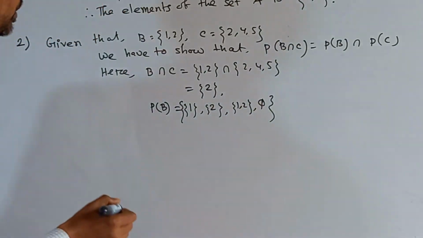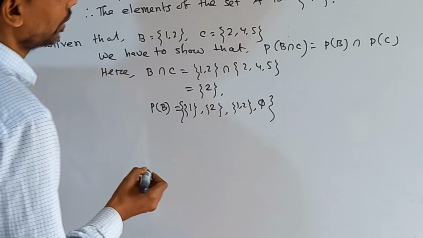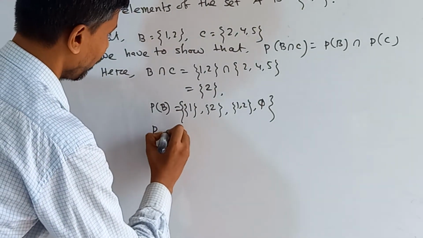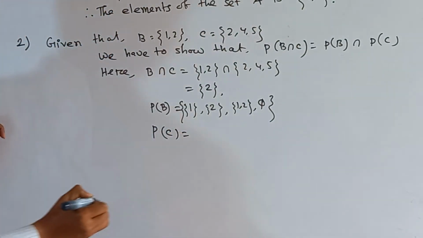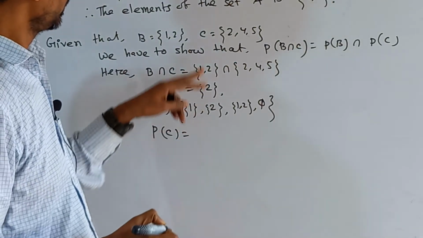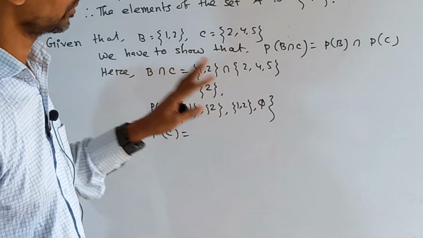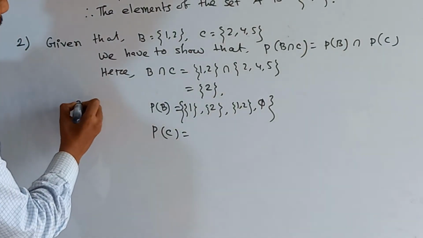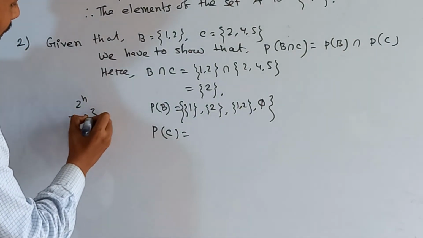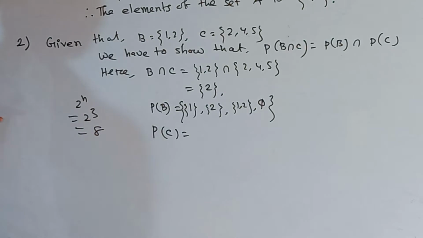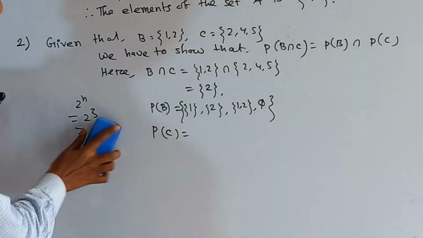Similarly, determine the power set of C. The number of elements of set C is 3, with elements 2, 4, 5. So 2 to the power n, that means 2 cubed, equals 8. Therefore the number of subsets will be 8.